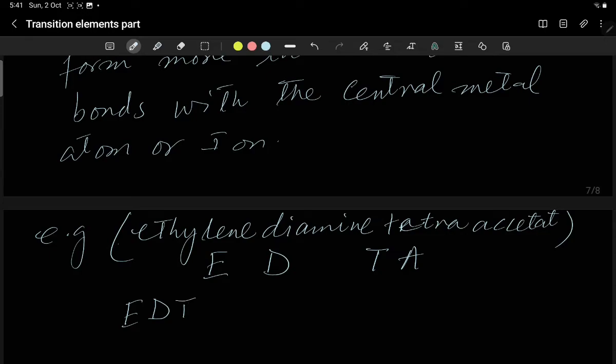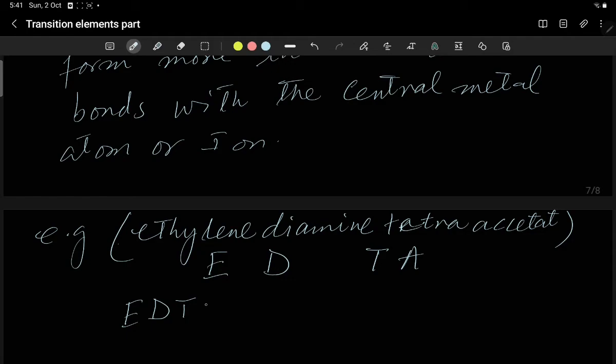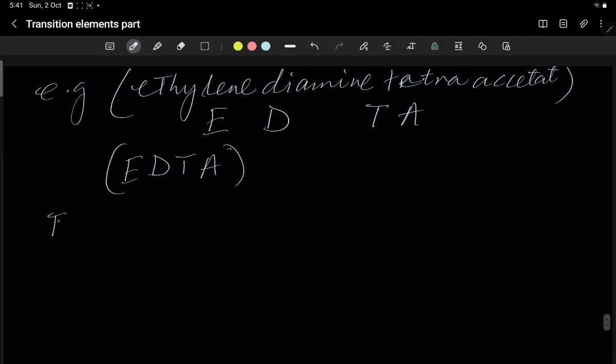So instead of the full name we can use EDTA. It can form six dative bonds.